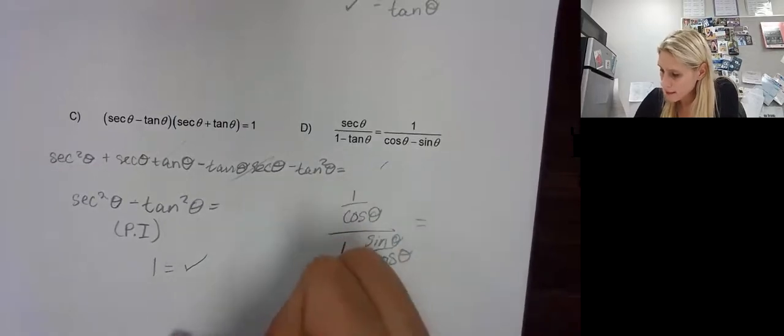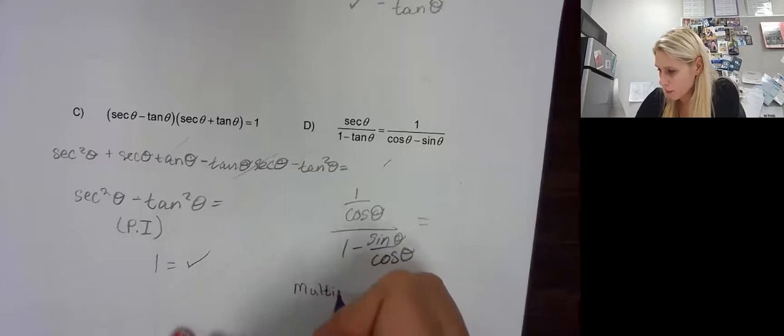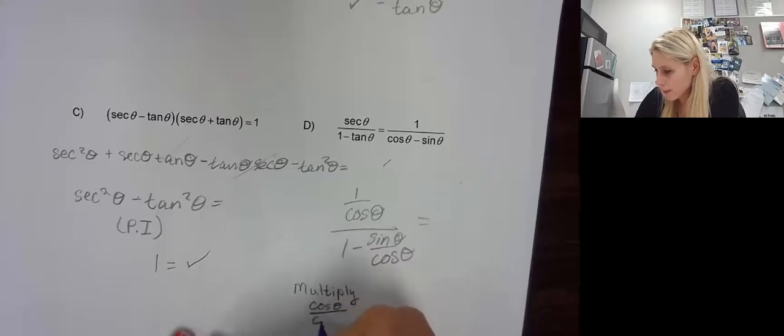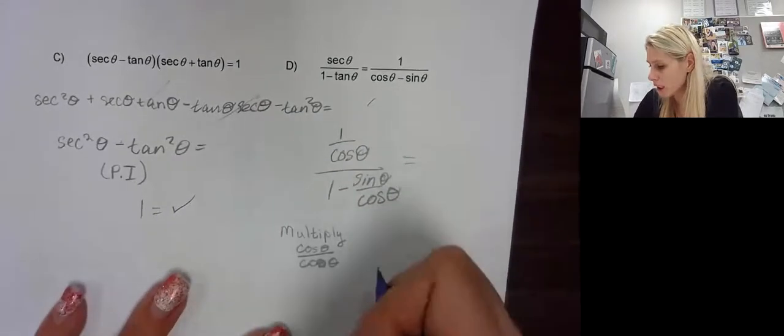Let me see that the denominator is cosine. So what if I multiply, and I'm going to leave myself a note so I know what I did, by cosine over cosine. Am I able to do this? Yes, I am, because cosine over cosine is the value of 1. So I'm not really changing anything.